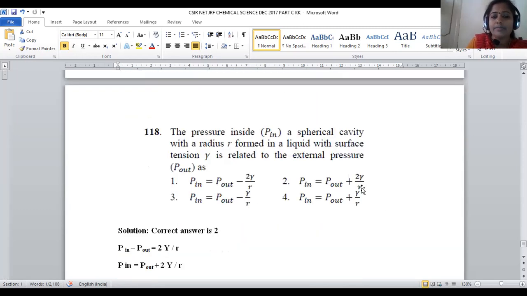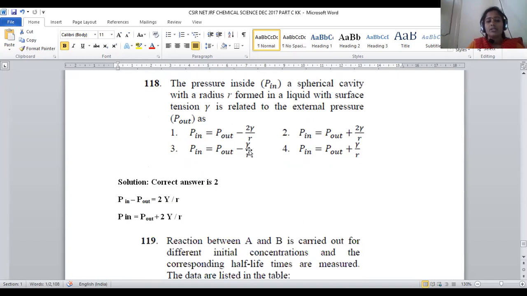Let us move on to question number 118. The pressure inside a spherical cavity with radius r formed in a liquid with surface tension gamma is related to the external pressure P out as. So this relation needs to be predicted. This is related with surface tension, right? The formula will be P inside minus P outside, the inner pressure minus the outer pressure, is equal to 2 gamma by R. Gamma denotes surface tension, and R denotes the radius of the spherical cavity.